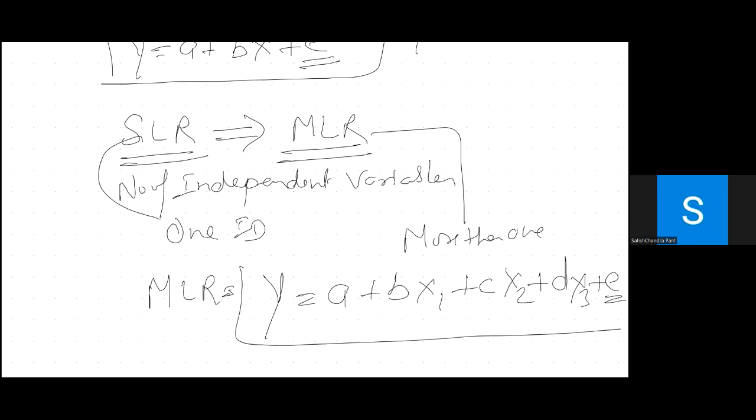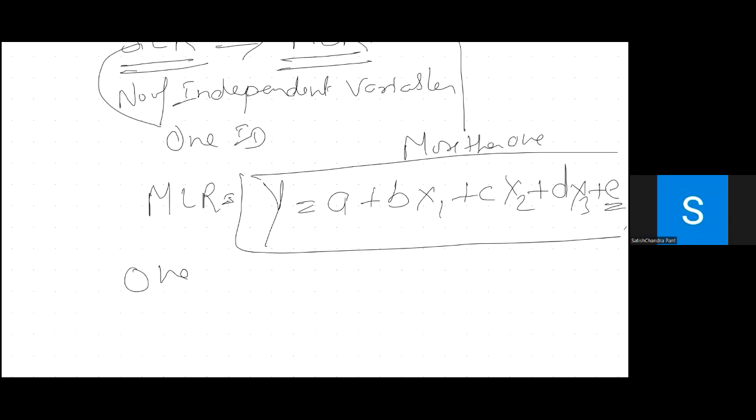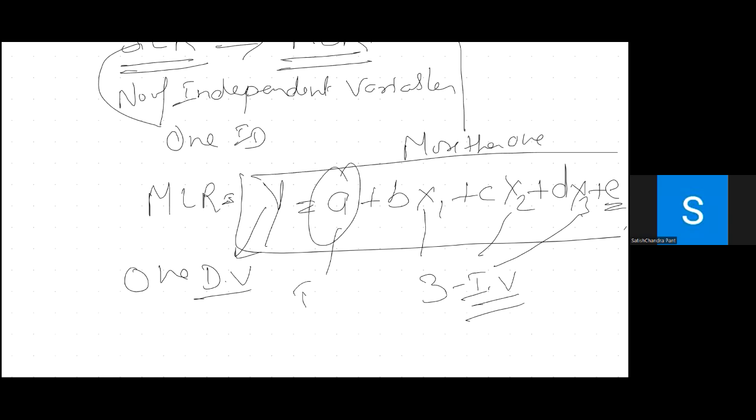So in this equation we have utilized one dependent variable, that is y, and x1, x2, x3, three independent variables. A is the intercept or constant.